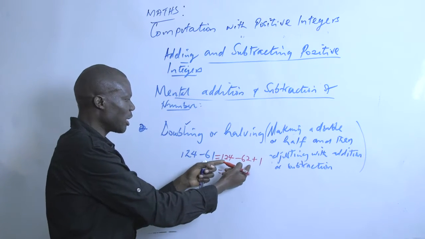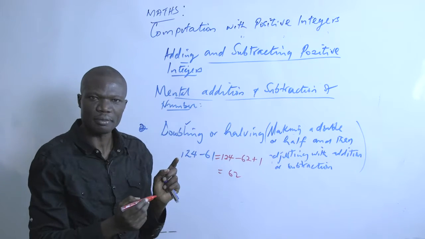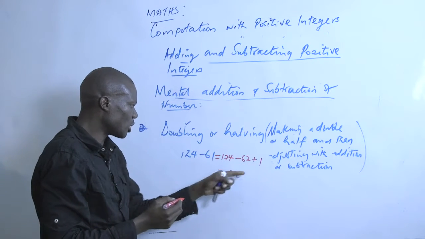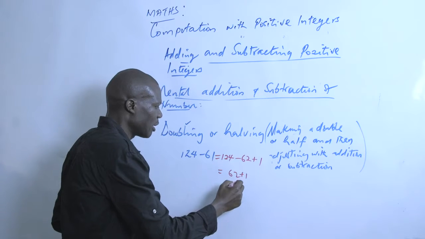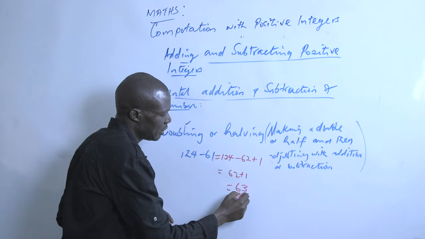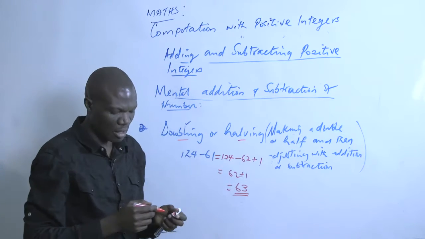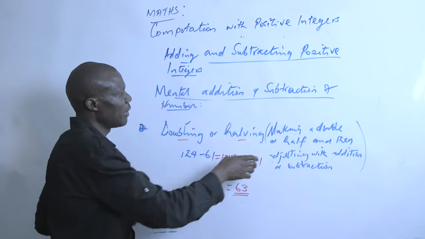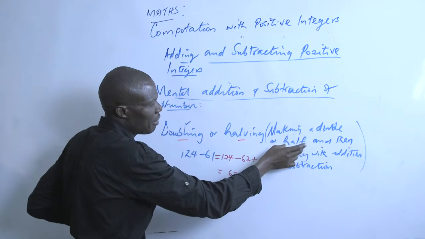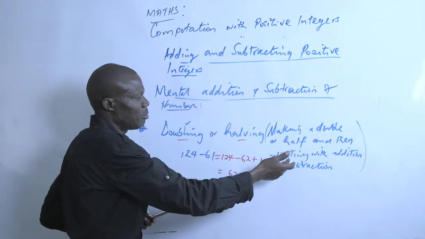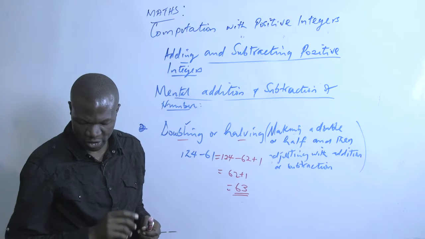It's just 124 minus 62, which is 62. But there was 1 which was added, so you bring it back, and then you get your answer as 63. This method is called doubling or halving. We have simply made this a half of the first number and then adjusted by either adding or subtracting.